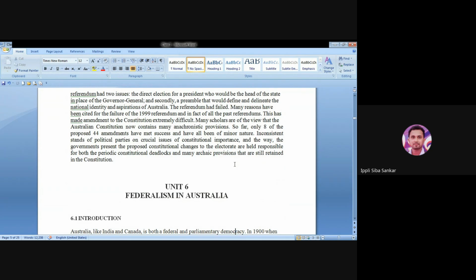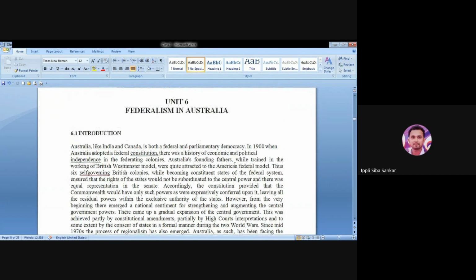So far, only 8 of the proposed 44 amendments have succeeded, and they have all been of a minor nature. The inconsistent stand of the political parties on crucial issues of constitutional importance, and the way the government presents proposals for constitutional change, and the electorate, are held responsible for both the periodic constitutional deadlocks and the many archaic provisions that are still retained in the constitution.